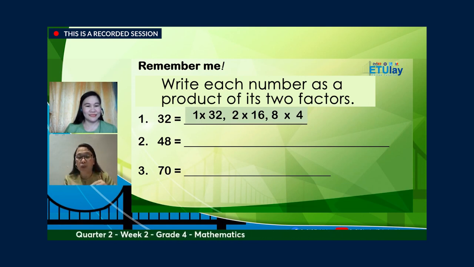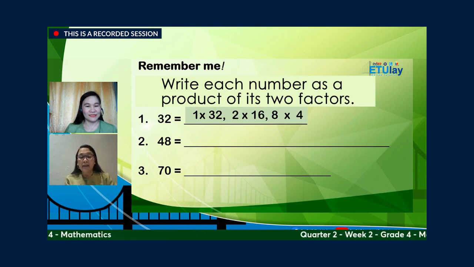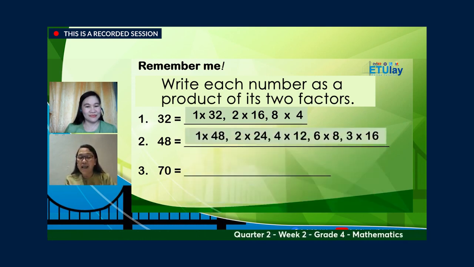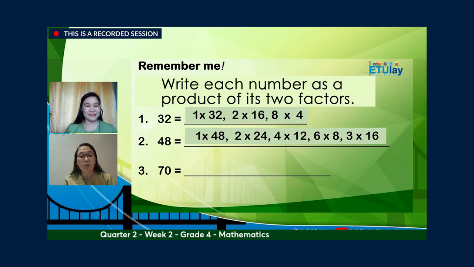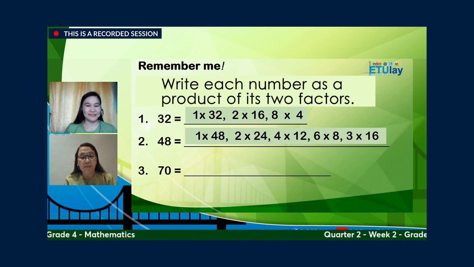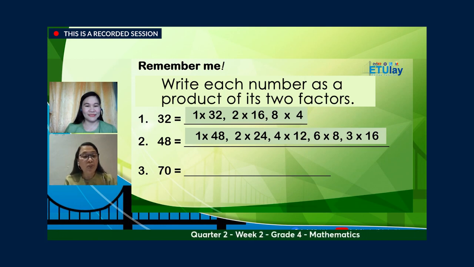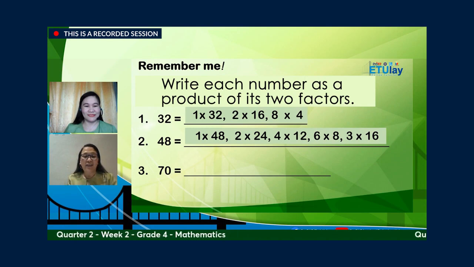For number 2, we have 48. Kapag ang sagot nyo ay 1 times 48, 2 times 24, 4 times 12, 6 times 8, and 3 times 16, mahusay mga bata, tama ang inyong sagot.